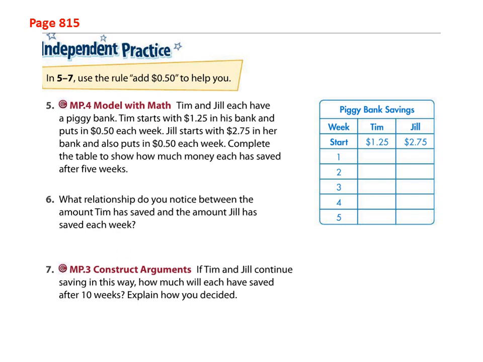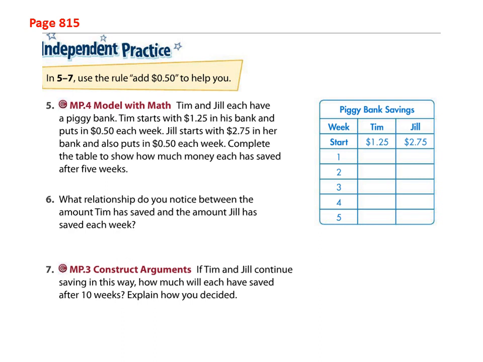Tim starts with $1.25 in his bank and puts in $0.50 each week. Jill starts with $2.75 in her bank and also puts in 0.50 each week. Complete the table to show how much money each has saved after 5 weeks.